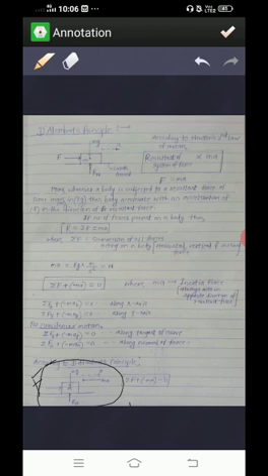What happens if the force is applied on the body which is placed over the ground, and the ground is frictionless? That body will move. But at the same time, one more force is acting on the body, in the opposite direction of the applied force, and that force is nothing but the inertia force.